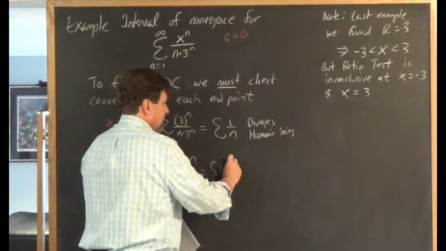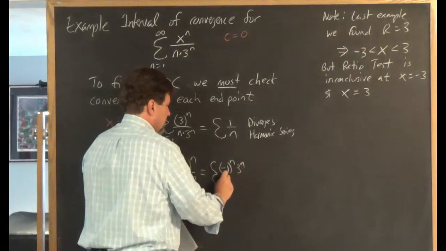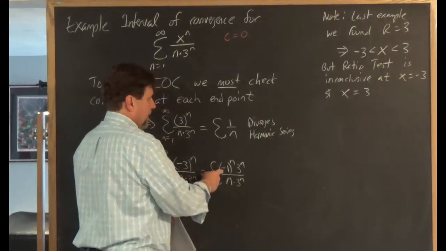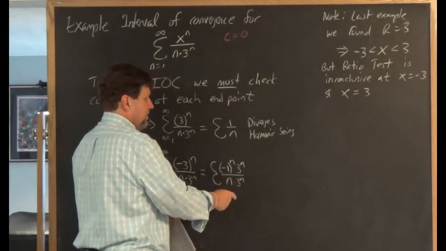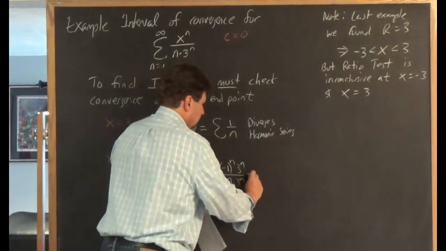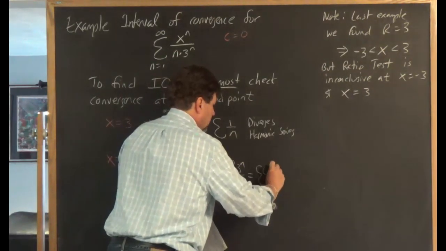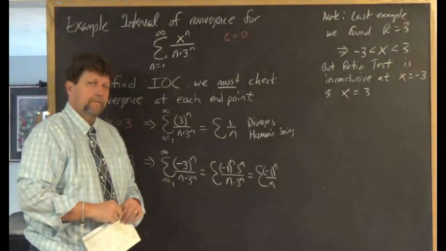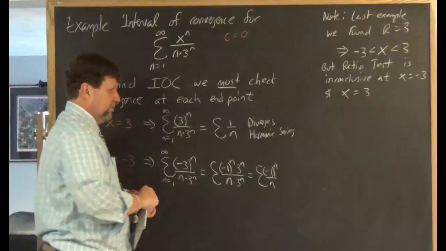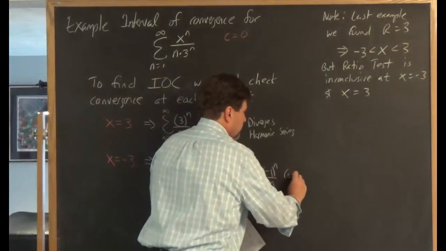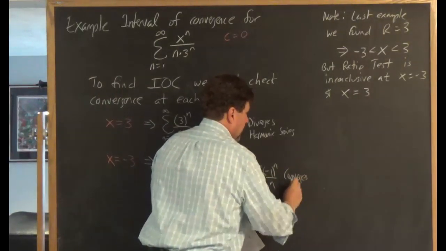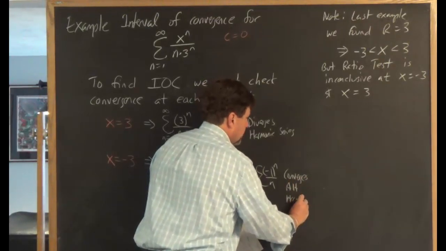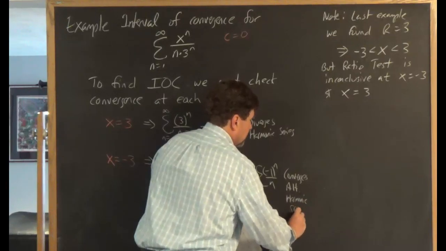Rule of exponents says that's (-1) to the n times 3 to the n. Well, (-1) to the n times 3 to the n over n times 3 to the n, the 3 to the n's cancel out. So you have (-1) to the n over n. What do you know about that series? That's right. It converges. It converges because it's the alternating harmonic series.